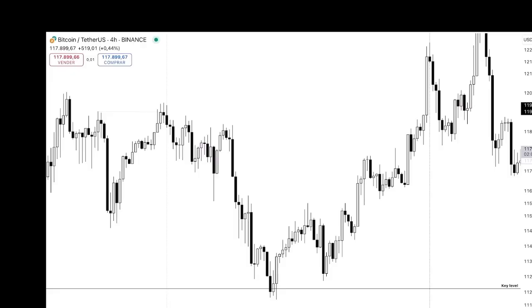Give yourself 1 year from the time you discover me in order to start making consistent returns month after month, year after year. Obviously, I'm supposed to publicly say it's not financial advice, but that's a general expectation of how long it takes for someone to make money in this game.